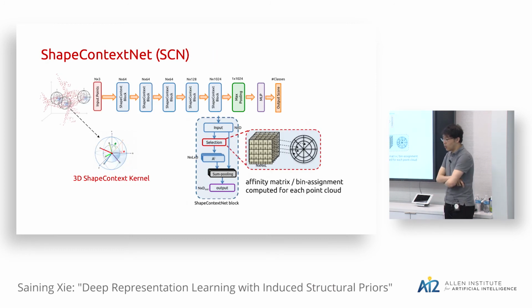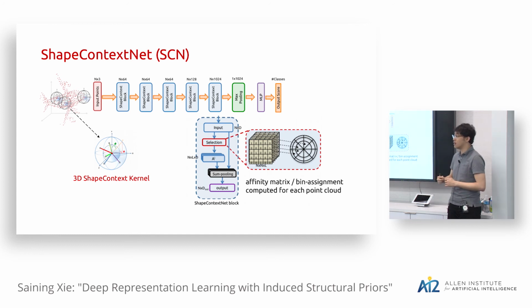All right, so we can easily extend the classic shape context into a deep neural network by computing the affinity matrix, the assignment function, online for each point cloud. The histogram is replaced by a simple sum pooling layer, and we can also add an additional transformation layer to project the pooled features into a higher dimensional space.